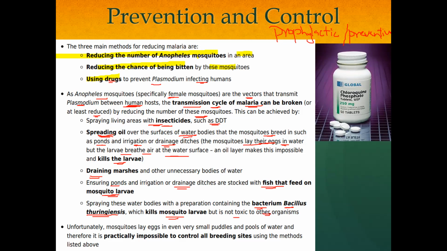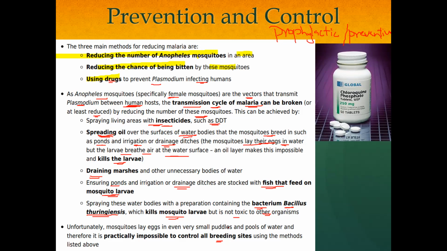So you can make a preparation of this and spray it on the water bodies, and it will not have any effect on any other organism in the water body, but will only kill the mosquito larvae. But the thing is, these mosquitoes lay their eggs even in smaller puddles or pools of water. So practically, it becomes very difficult to control all the breeding sites.